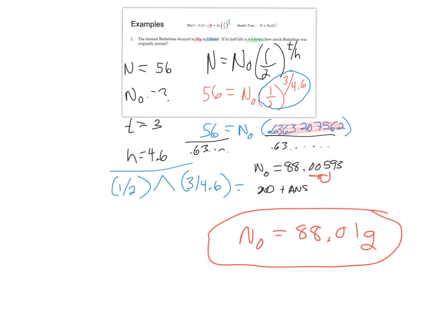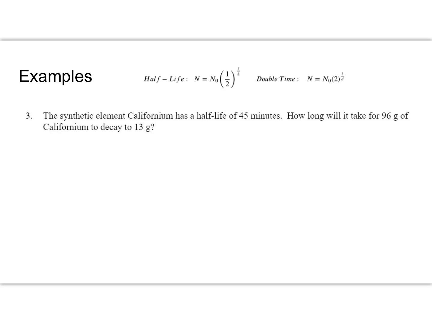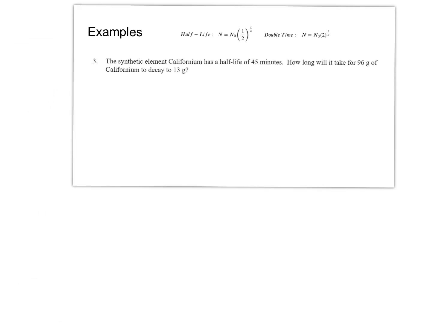So, let's move on. Next problem. The synthetic element californium has a half-life of 45 minutes. How long will it take for 96 grams of californium to decay to 13? When we're looking for time, that typically means we're going to be using a logarithm.